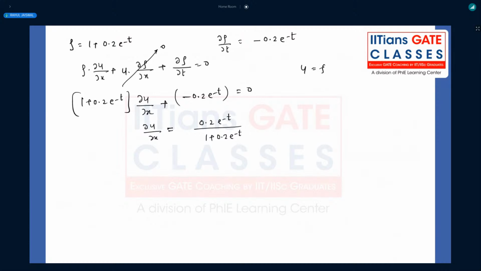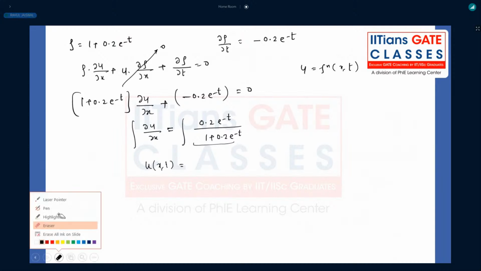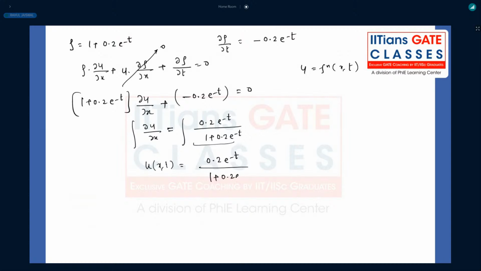You know that u is a function of x and t, so if you do the integration, some function of t will come, because if you further differentiate, this term automatically becomes 0. So u of x comma t, we are integrating with respect to x only, so if you do the integration, I will add f of t. That gives the term times x plus f of t.